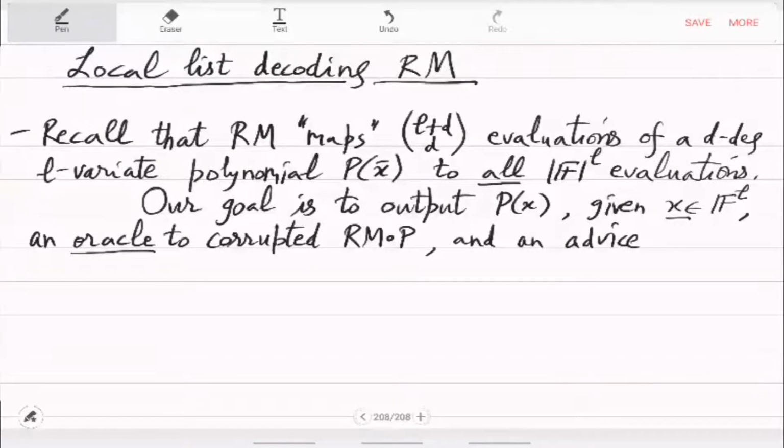Okay, so the advice here will be a point in the space x0 and its value. That will be the advice.